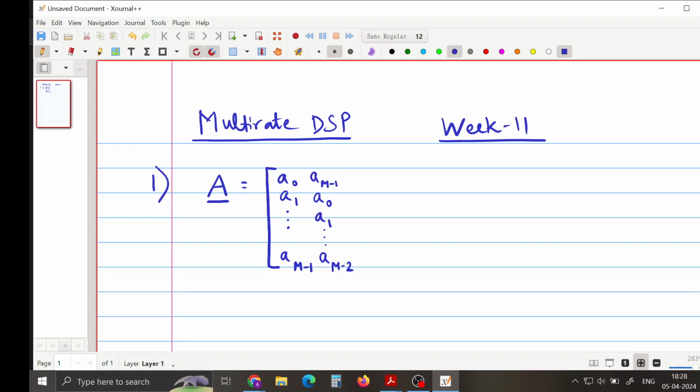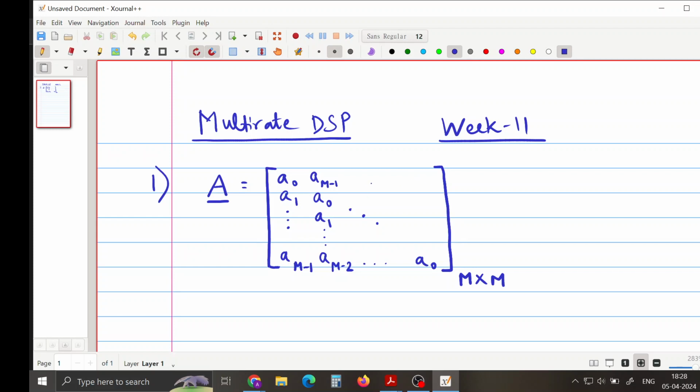So this is how the shift is happening, and so on, it goes on until this A0 comes at the last place at the bottom of the matrix. So this will result in an m cross m square matrix.